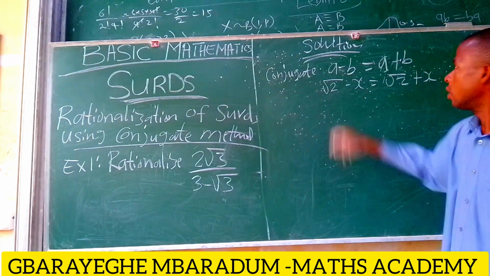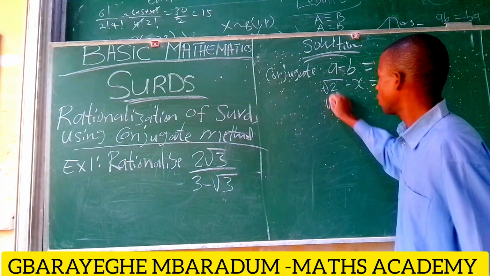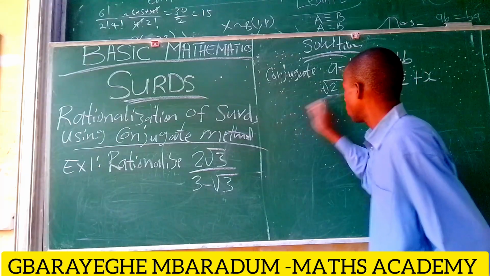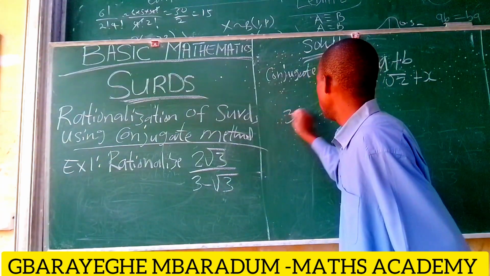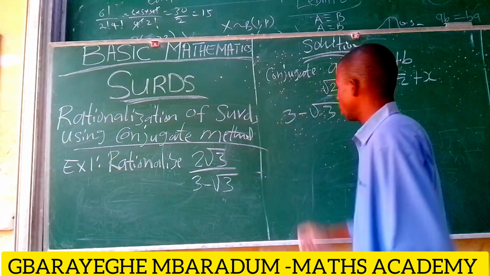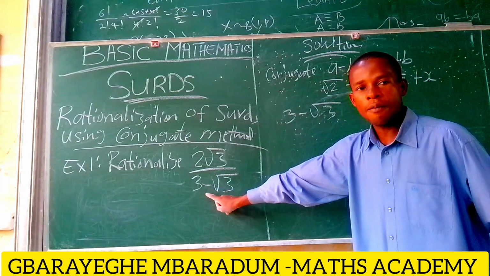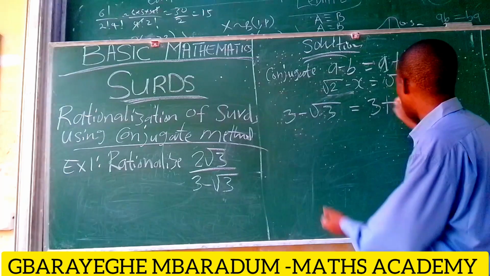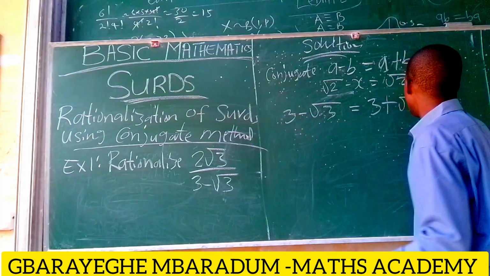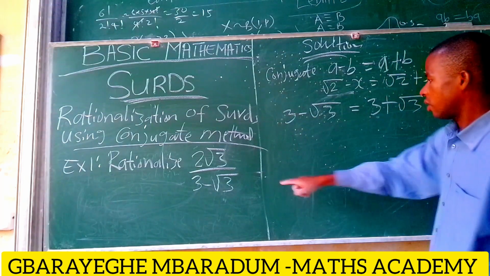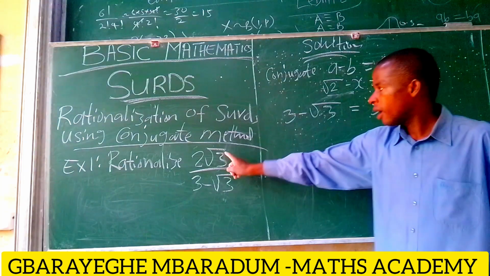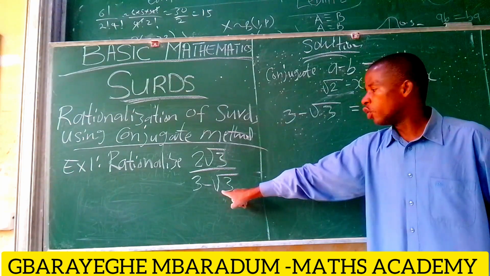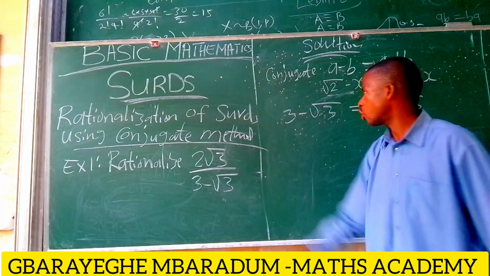Also, the conjugate of 3 minus root 3 is 3 plus root 3. We will use this conjugate to multiply both the numerator and the denominator to eliminate the root in the denominator of this expression.